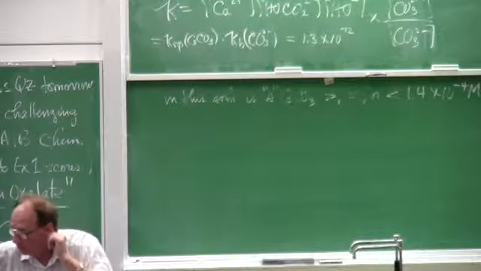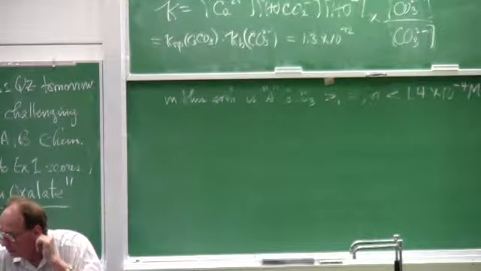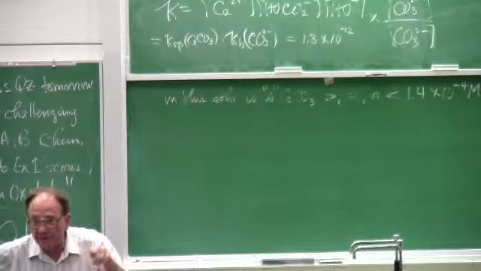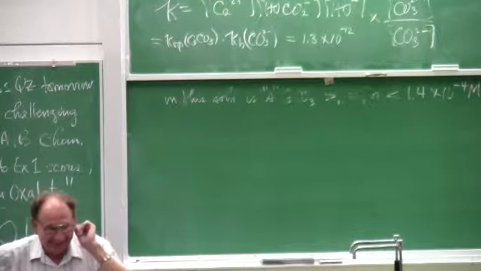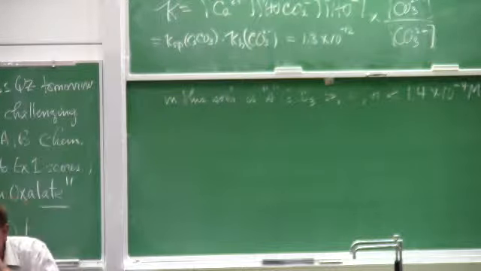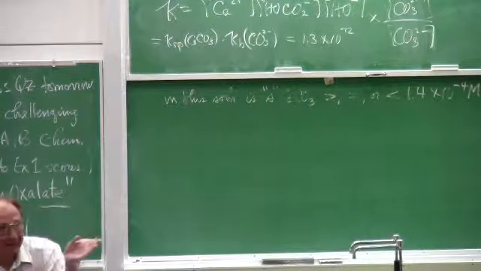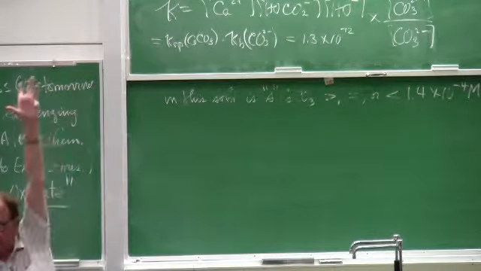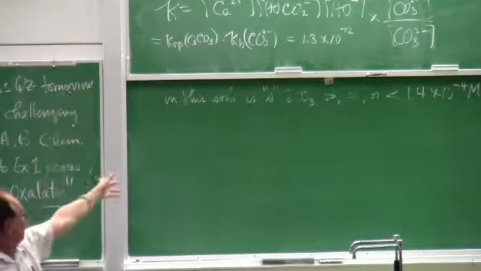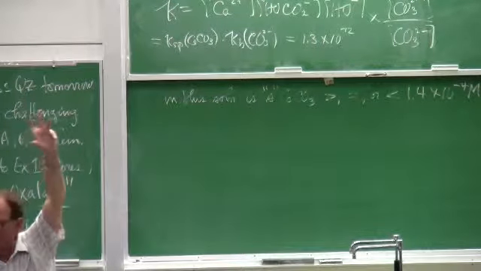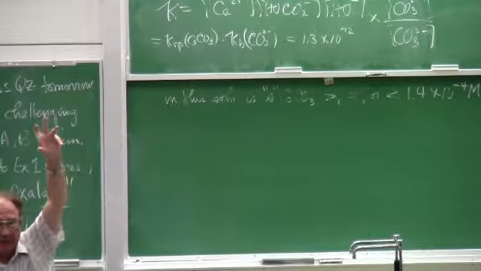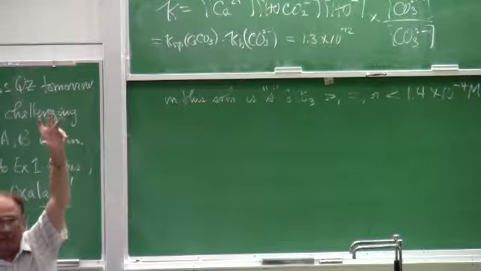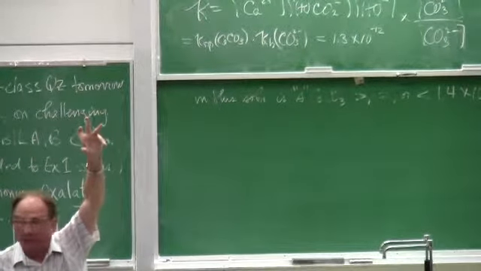Greater, smaller, equal to? Greater. I got a greater and a smaller. Come on, I want a show of hands from everybody. How many vote greater in this solution? How many vote smaller? How many vote equal to? Who didn't vote?